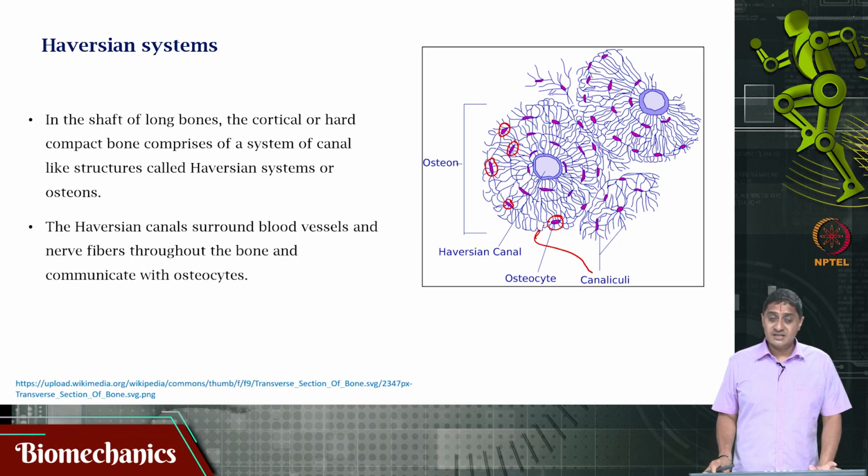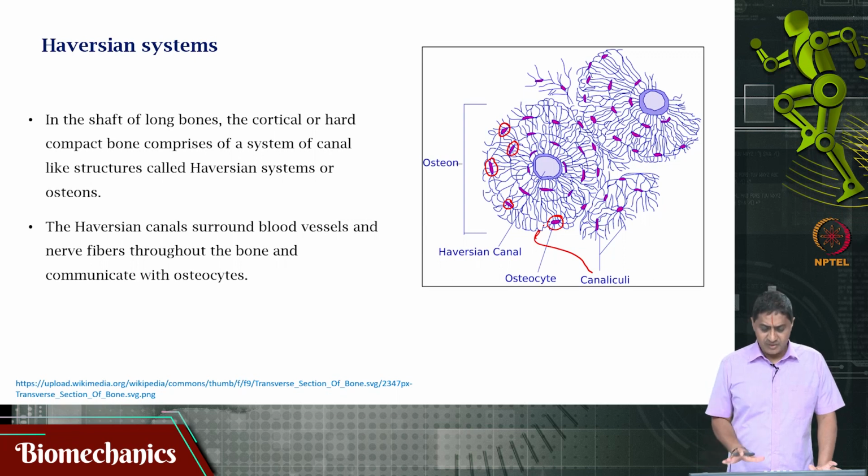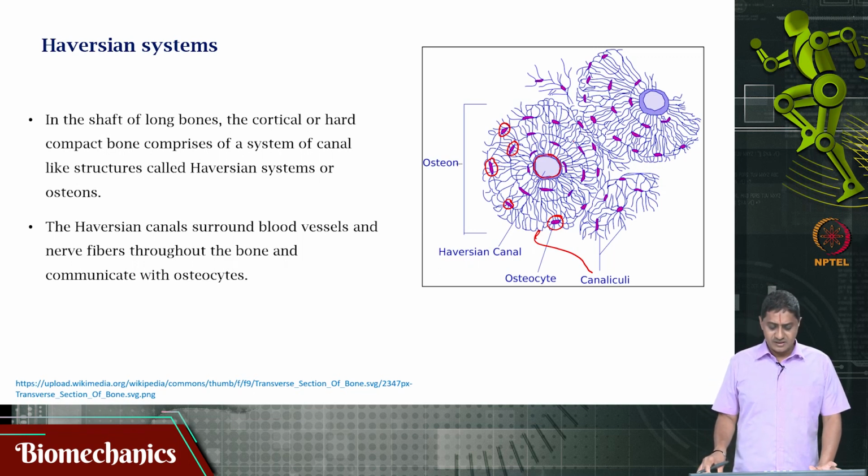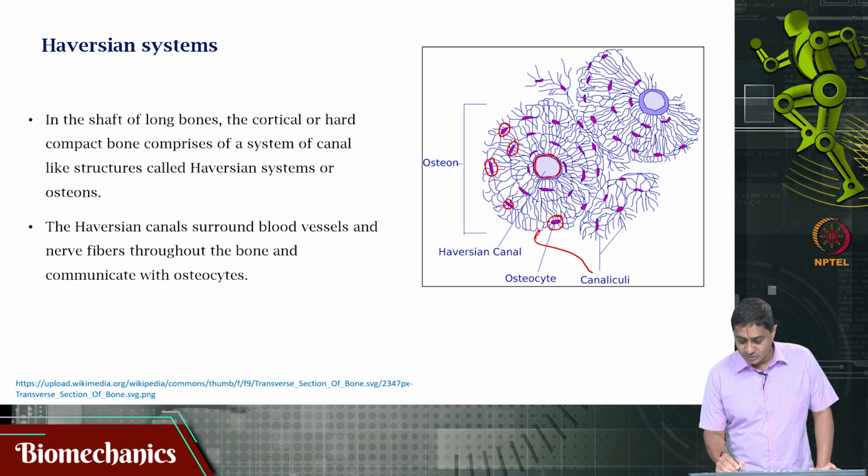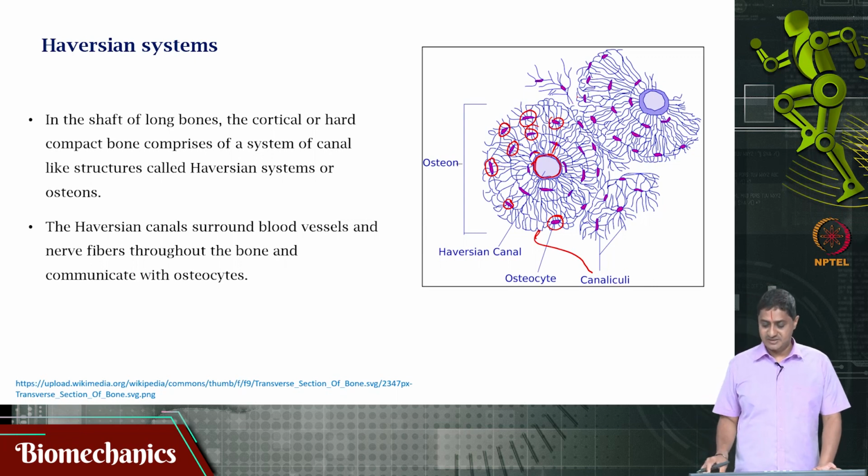The osteocytes and all the canaliculi together form a network, and in the center you have what is called a Haversian canal. These Haversian canals surround the blood vessels and the nerve fibers throughout the bone, and so they are the means through which communication with all the osteocytes surrounding this canal happens.